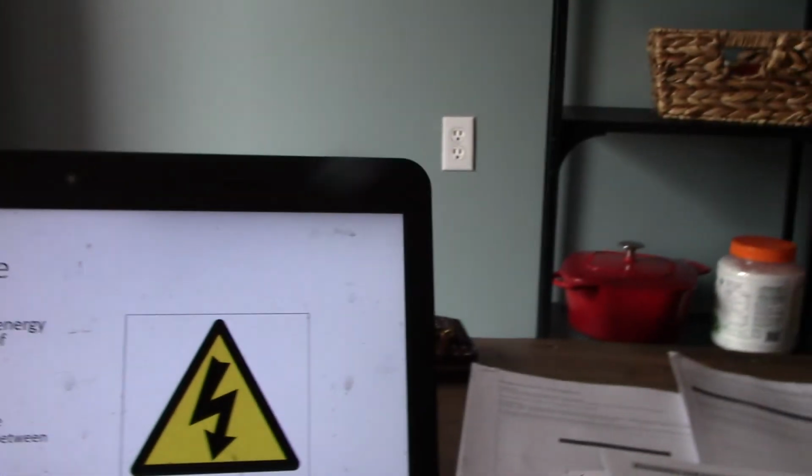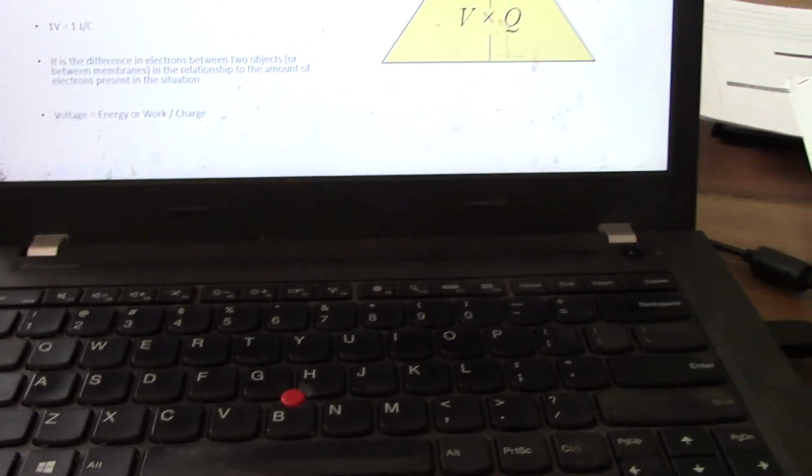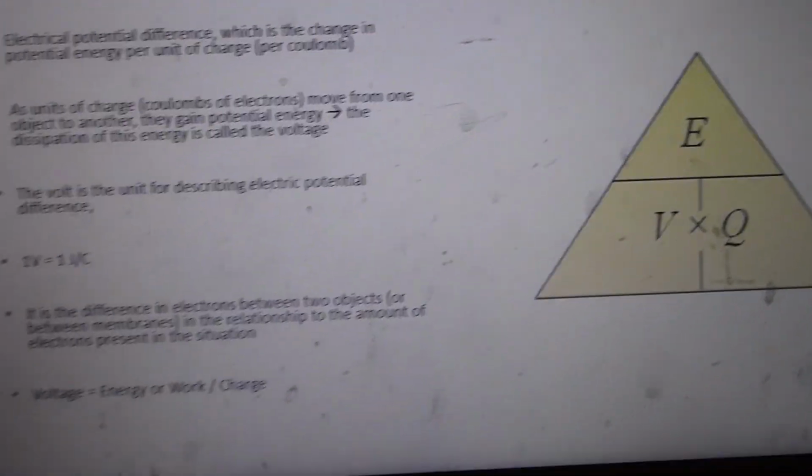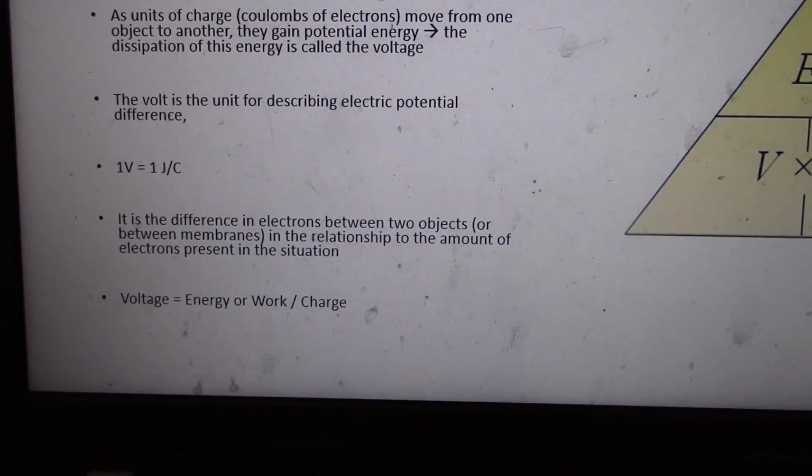Okay, so remember, energy is measured in joules. And energy in this circumstance is a function of Q times V. Right, so a volt is a joule per coulomb, and Q is coulomb, so we can cancel the C out and get an answer in joules.